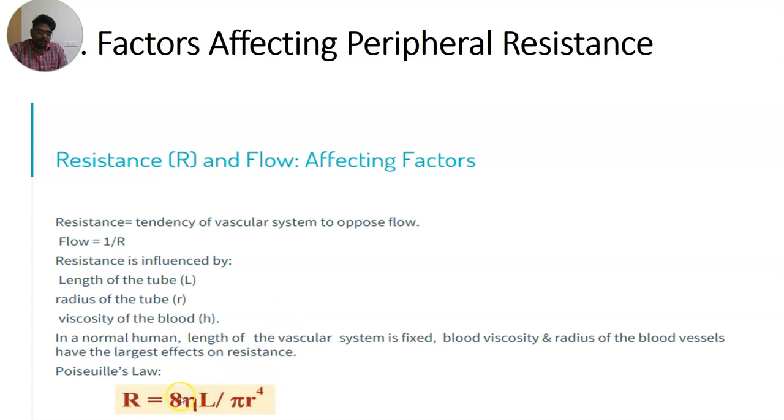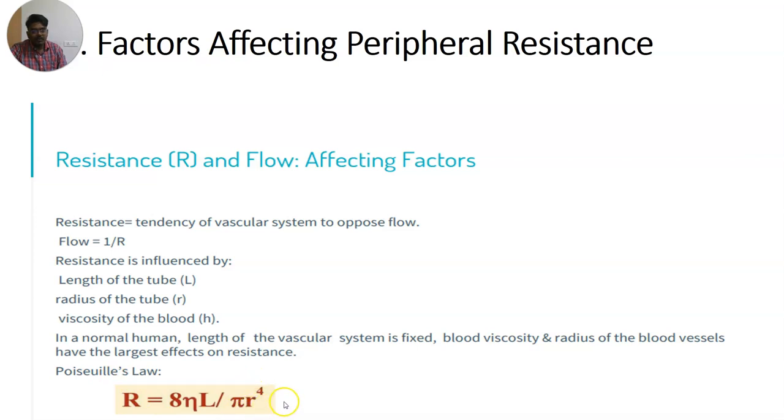Now at any given point of time, L, the length of the blood vessel, is constant for a particular individual, and eta, the viscosity of blood, is again instantaneously constant. So the main factor governing the level of resistance is the radius of the blood vessel.